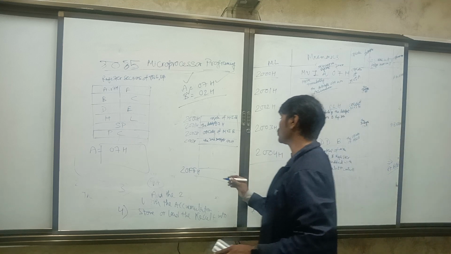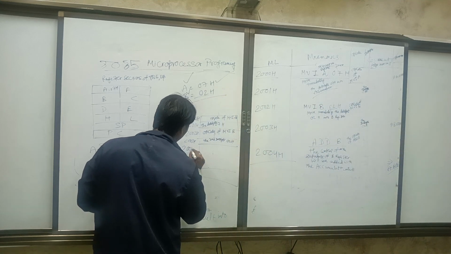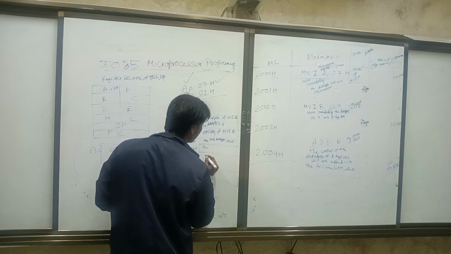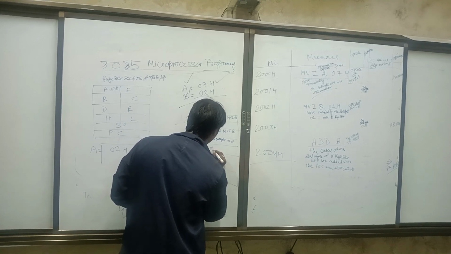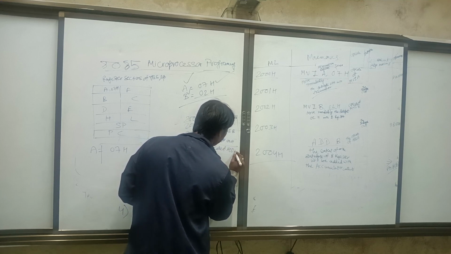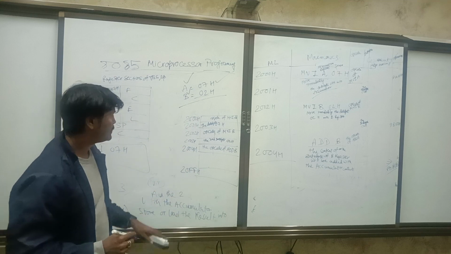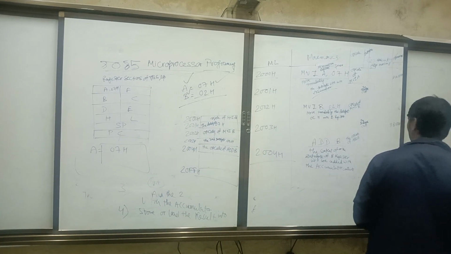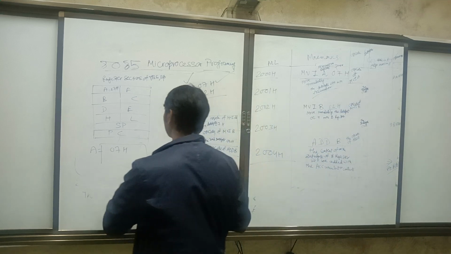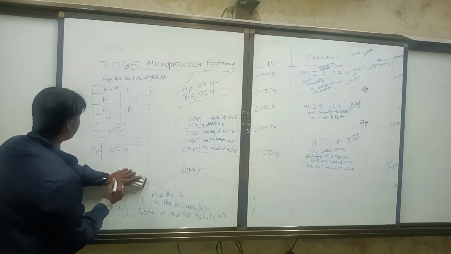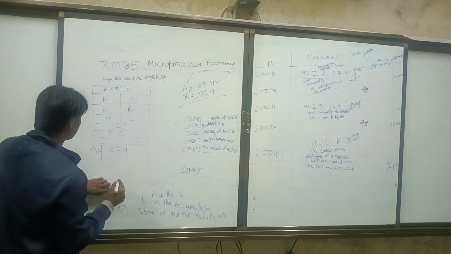That means in the 2004H memory location we will have the opcode of ADD B, and here you get the result. Initially A equals 07H.